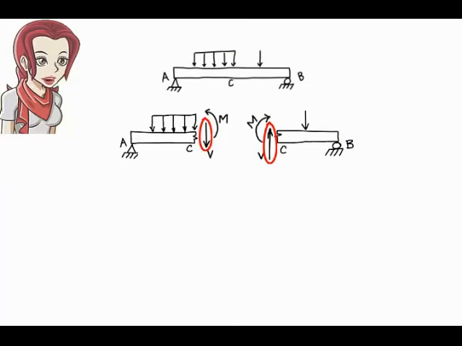This is necessary as the algebraic sum of the two vectors must be 0. The same is true for the bending moment at C. The moment in the left segment is drawn in the counterclockwise direction, whereas for the right segment, the moment is drawn in the clockwise direction. Since they both have the same magnitude, their algebraic sum, therefore, is 0.